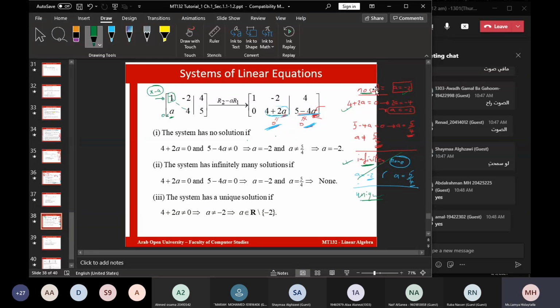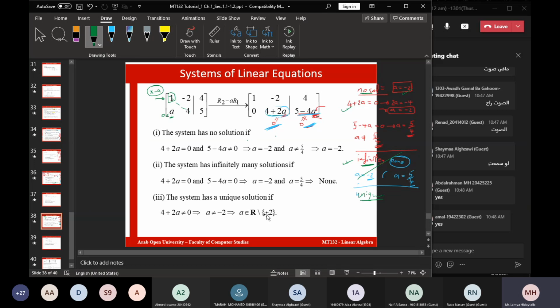Here there is no solution when A equals -2. So every other real number except this value will give me a unique solution.